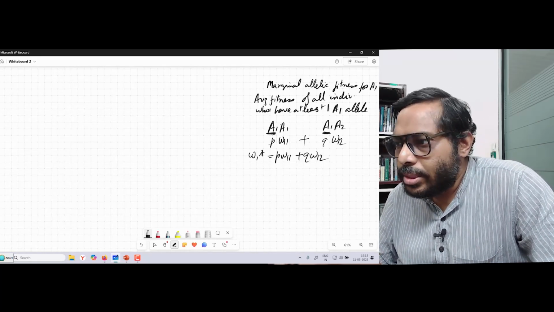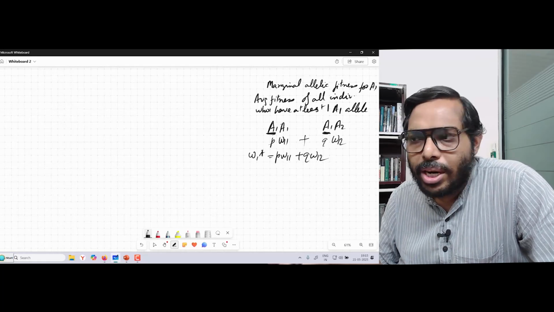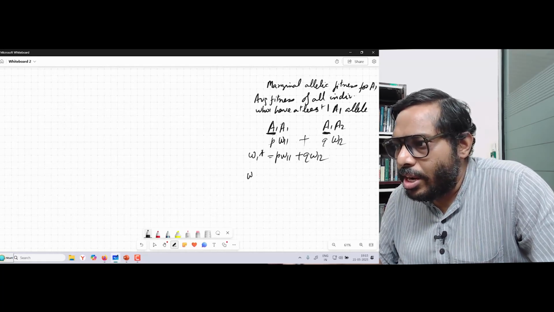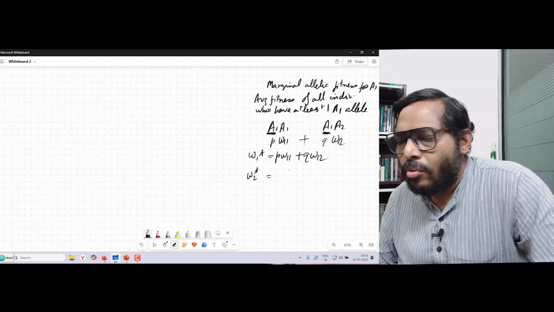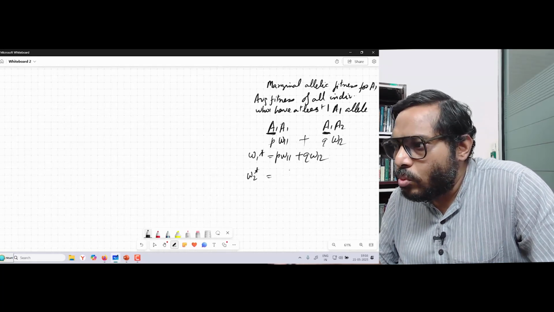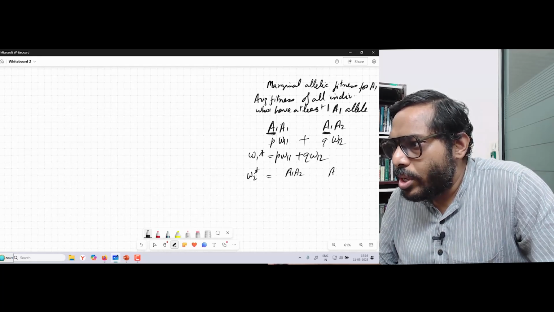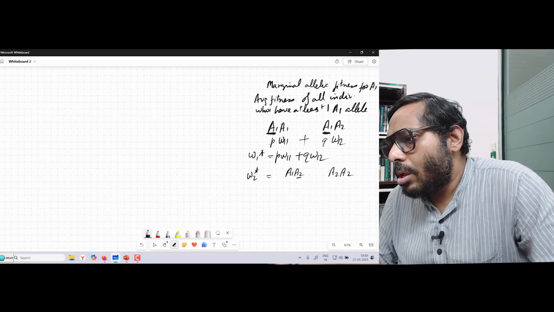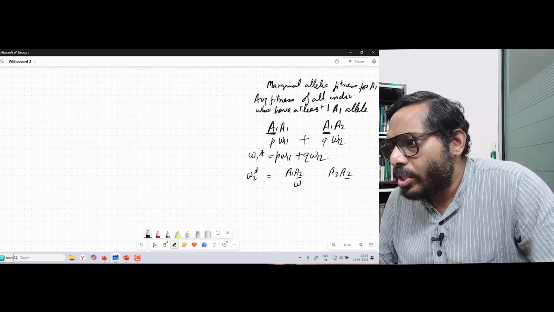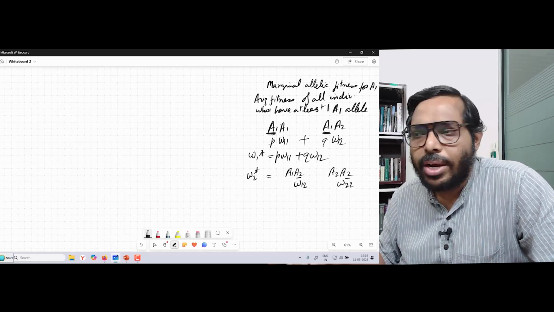Similarly, let us think about the marginal allelic fitness of allele A2, which is W2 star. Which are the two genotypes which have A2? One is A1A2, the other is A2A2. The genotypic fitness of these is W12 and W22.